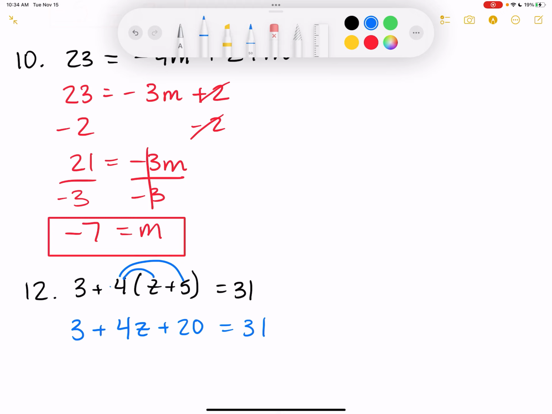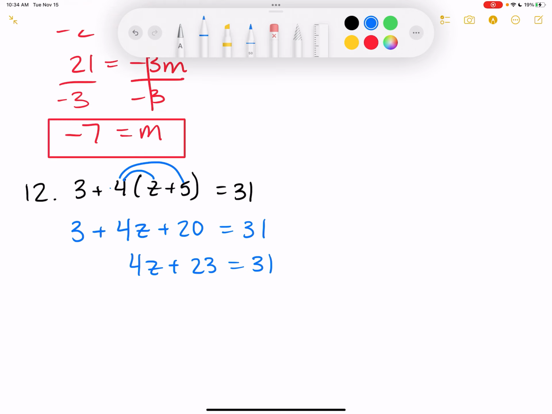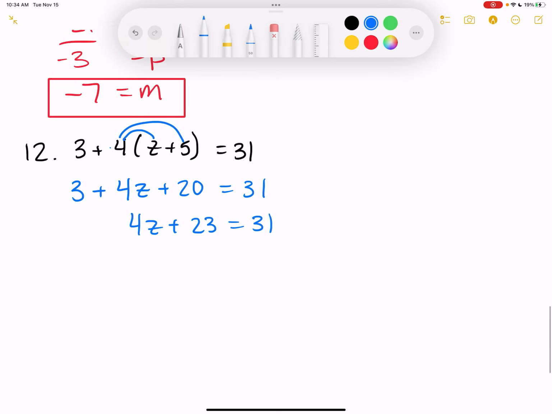So now I'm still combining like terms, but obviously there's only one that has a variable, so I'm combining the two that are just numbers. So we have 4z plus 23 equals 31. Now what do I do? Subtract 23 on both sides.